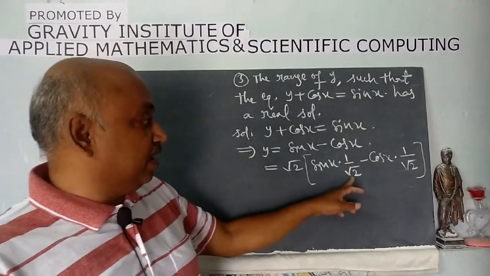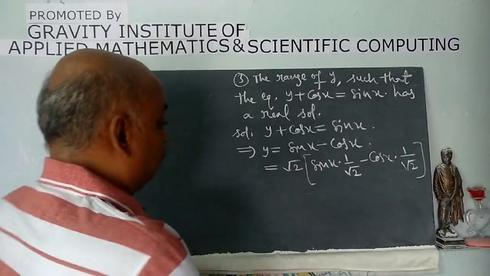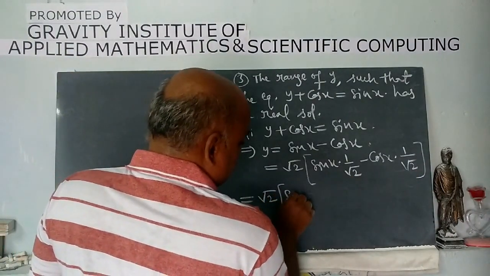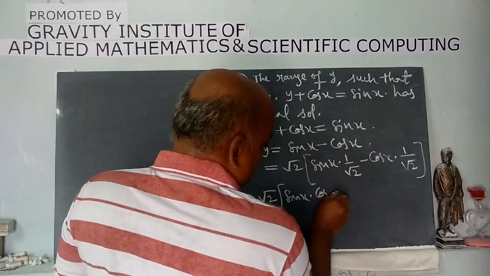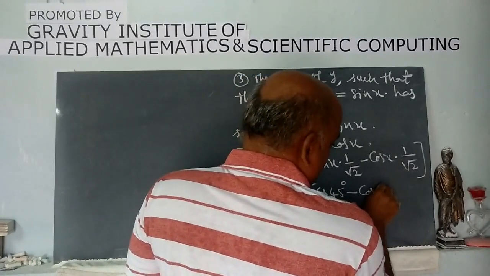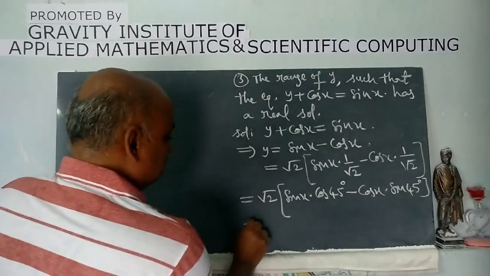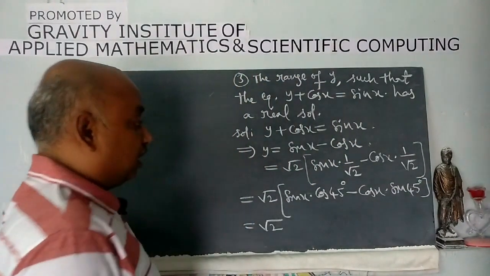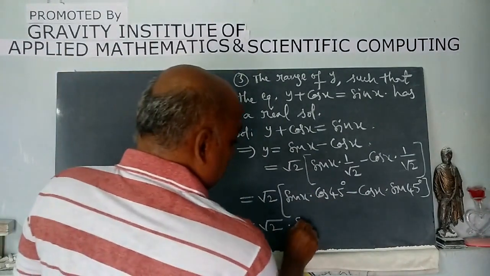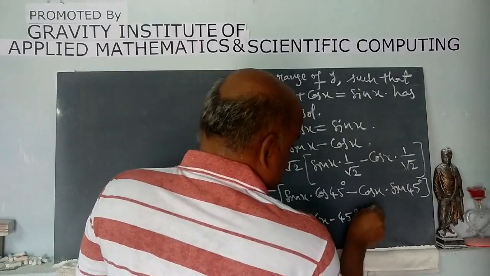So here cos 45 degrees is 1 by root 2, sin 45 degrees is 1 by root 2. So this is equal to root 2 into sin x cos 45 degrees minus cos x sin 45 degrees, which is equal to root 2 into sin of a minus b, sin a cos b minus cos a sin b. So root 2 into sin of x minus 45 degrees.